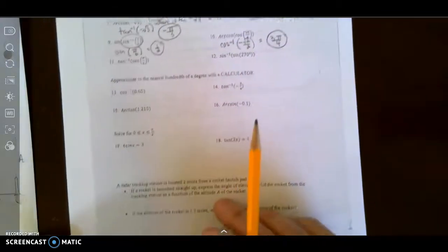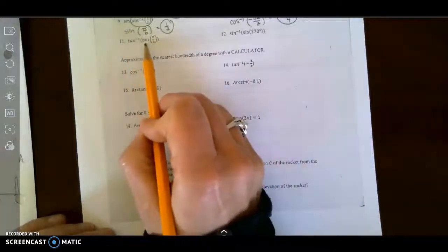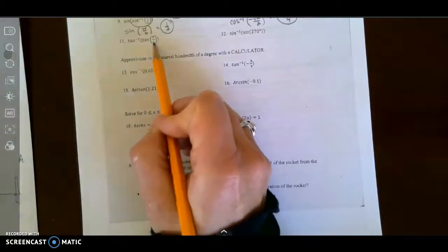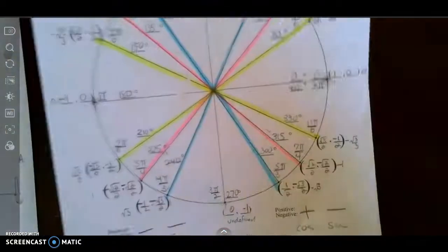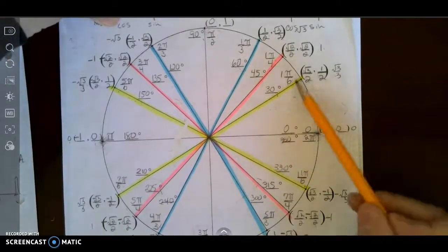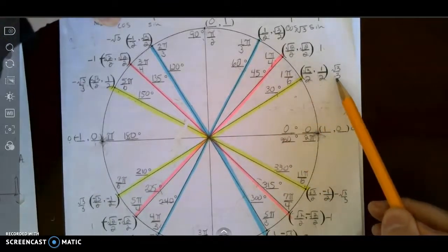Let's go to the next one, number 11. First, find the tangent, because you work from the inside out, find the tangent of pi over 6. So go to my unit circle and look for pi over 6, and my tangent is square root of 3 over 3.